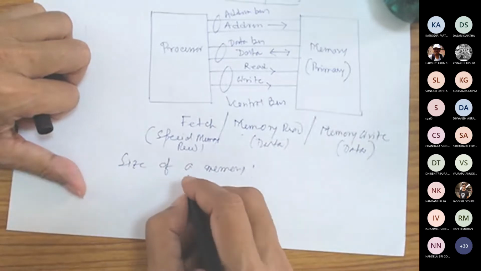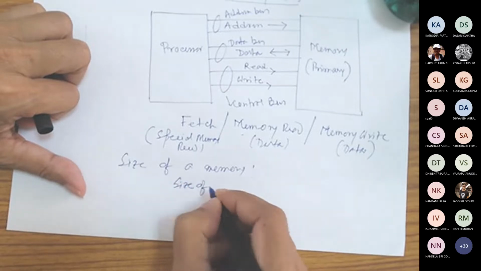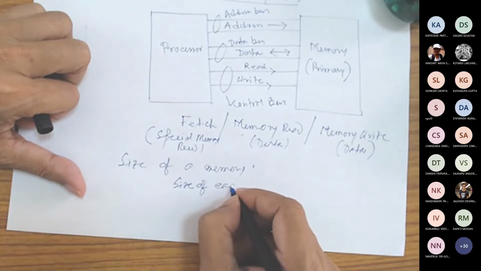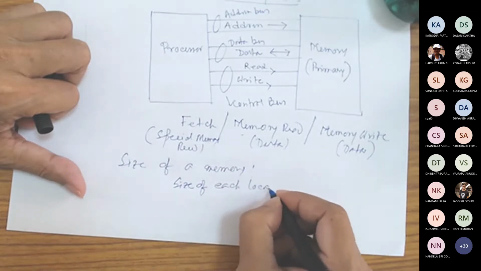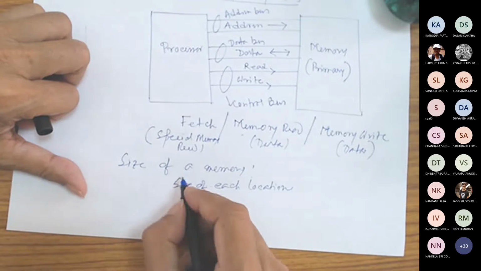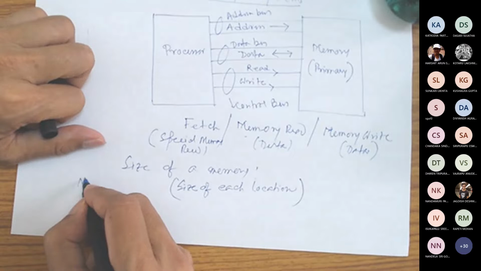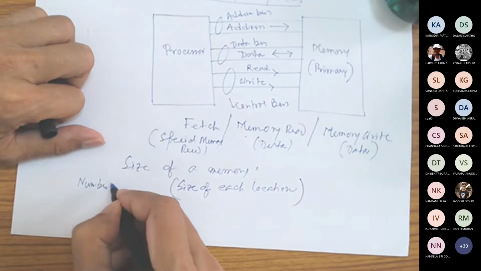One is the size of each location multiplied by the number of locations.